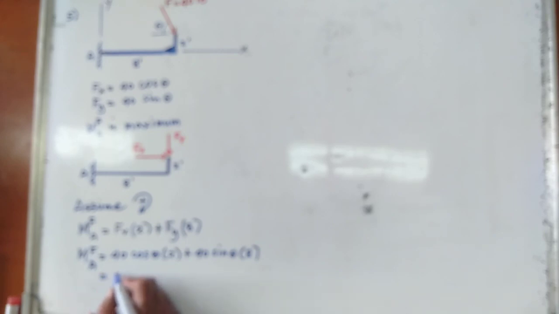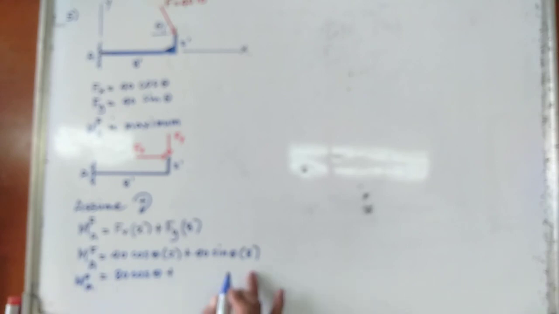Or this is equal to 80 cosine of theta plus 40 by 8 is 320 sine of theta.